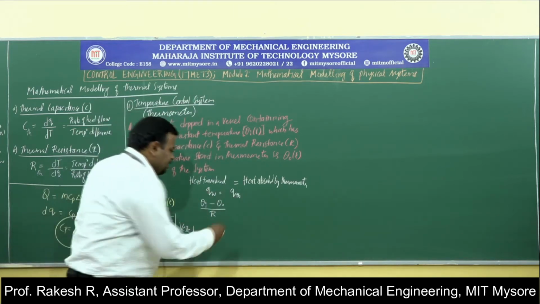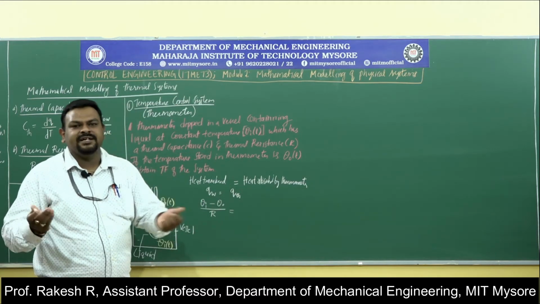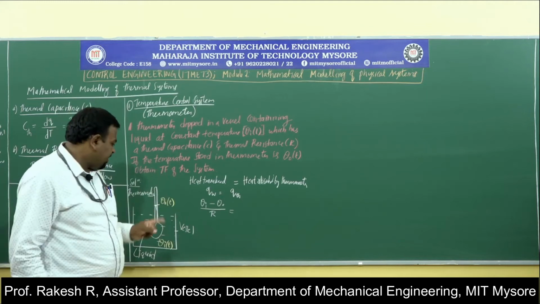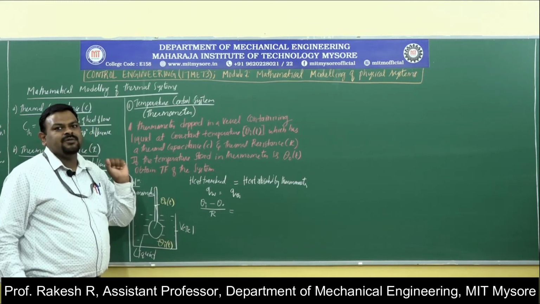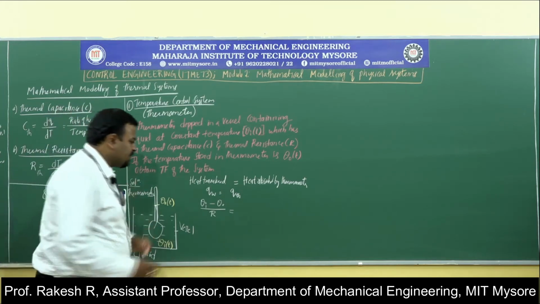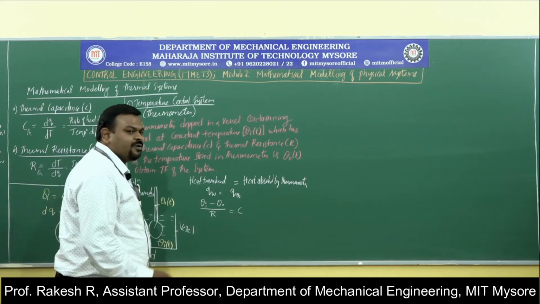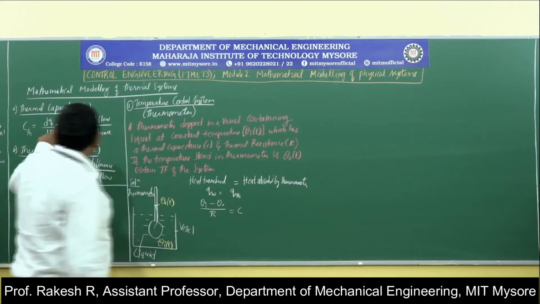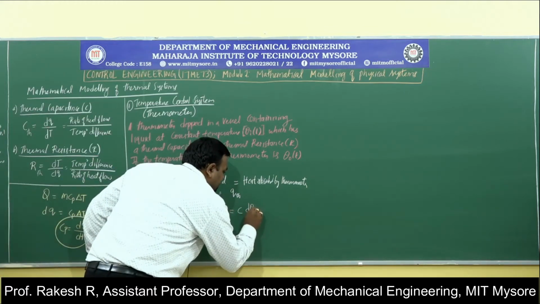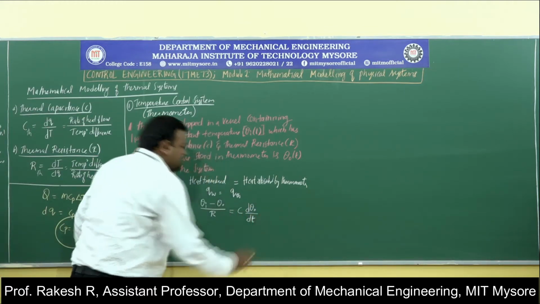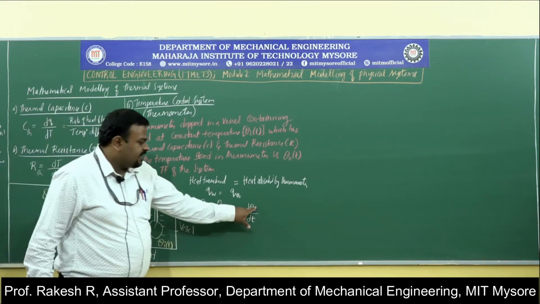And what is the heat transferred in the thermometer? There is no transfer, it will receive the heat. It will store the heat. Whenever you have the word stored, capacitance comes into the picture. So here C, where C is the thermal capacitance, C into d theta naught by dt.